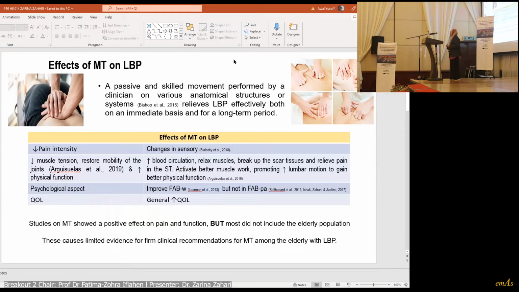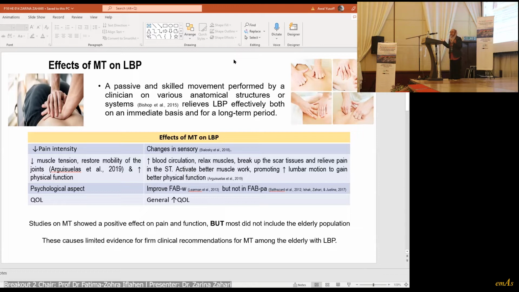Okay, how does it work? It causes changes in the sensory nerves in our skin and also the muscles that lead to pain reduction. This manual therapy also helps to reduce muscle tension, restore the mobility of the joints, and also increase physical function.